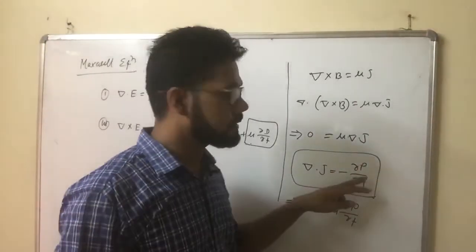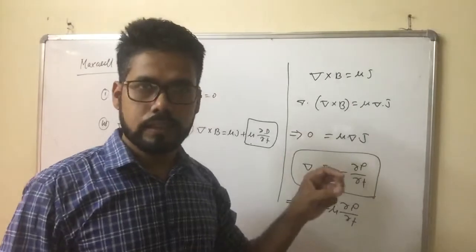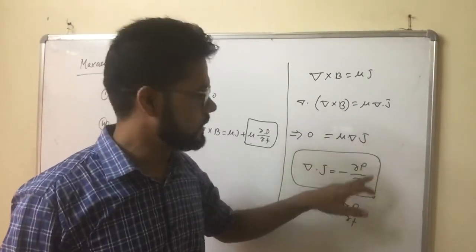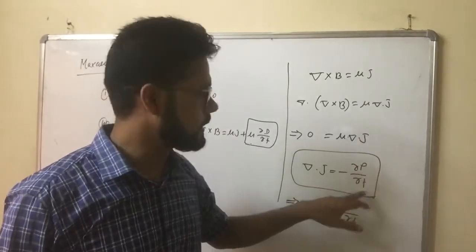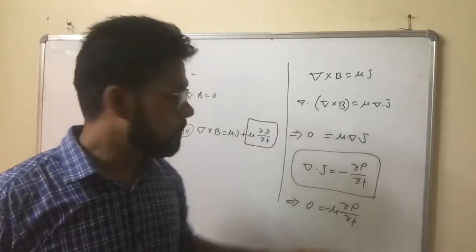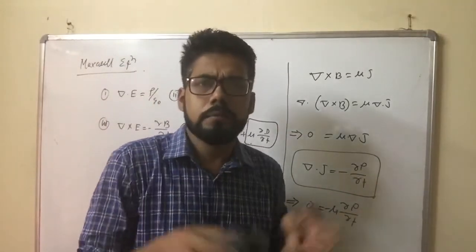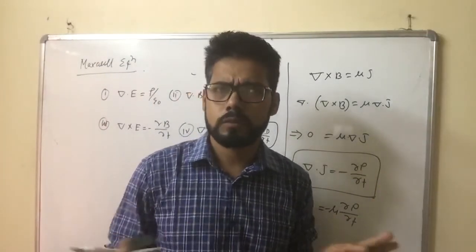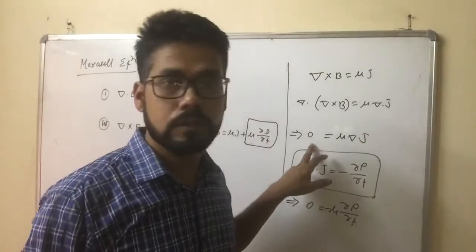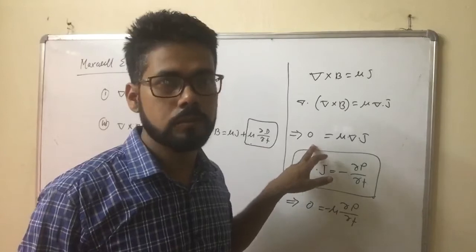If the charge density in a conductor is constant, then the left hand side is 0 and the right hand side is also 0. If rho is constant, then divergence of J is 0, and it is satisfied. But if the charge density in a conductor is not constant, it is variable, then this is not 0, and it does not match the mathematical rule. This is contradictory to mathematics.